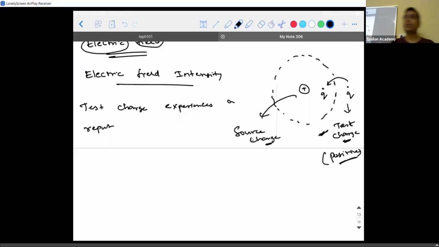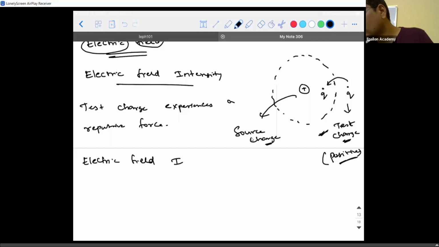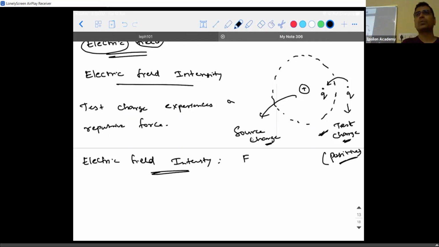Now, if I want to calculate the electric field intensity, what do I do with this force? That's what the question is. The definition goes like this: if you are able to calculate the amount of attractive or repulsive force and take its magnitude, then divide it by the magnitude of the test charge, Q naught.